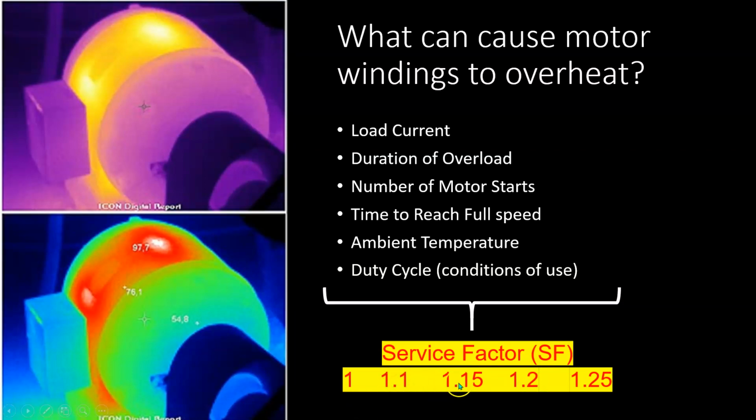Then you get 1.1, 1.15, 1.2, and 1.25. We'll go through a couple of calculations later based on the service factors, but they're pretty much saying, based on the motor and the windings, how long can it handle overheating under these conditions. Obviously, at 1.25, it can handle a lot more heat if it's being overloaded.